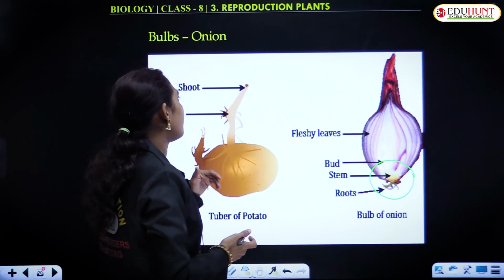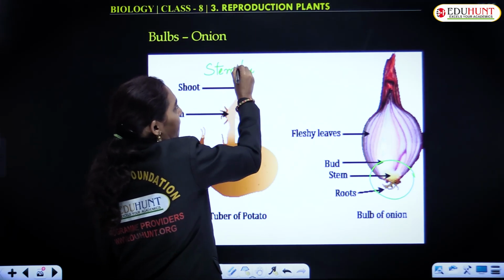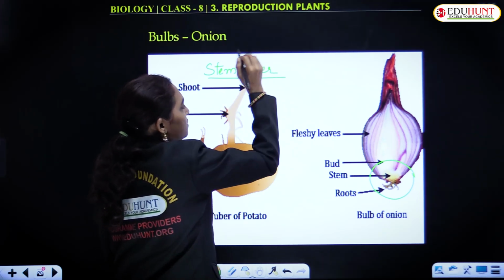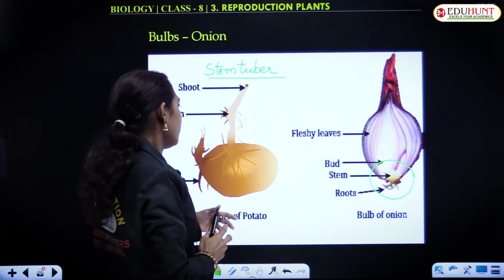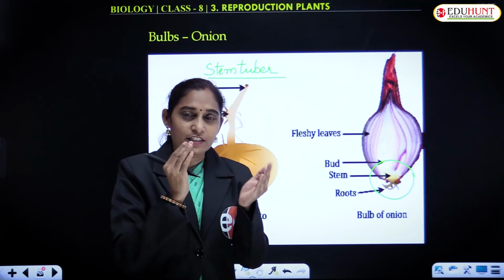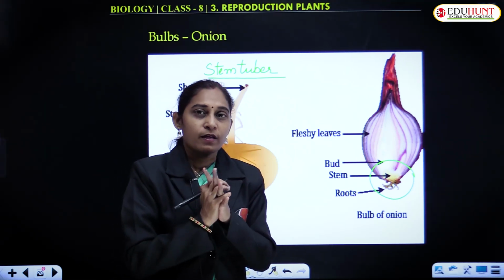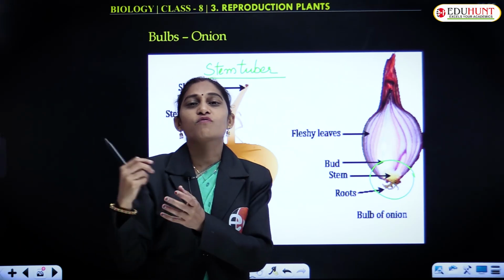It is stem tuber. Stem tuber example, potato, Solanum tuberosum. In this actually the stem never stores food. Only the tips of the branches store food material.